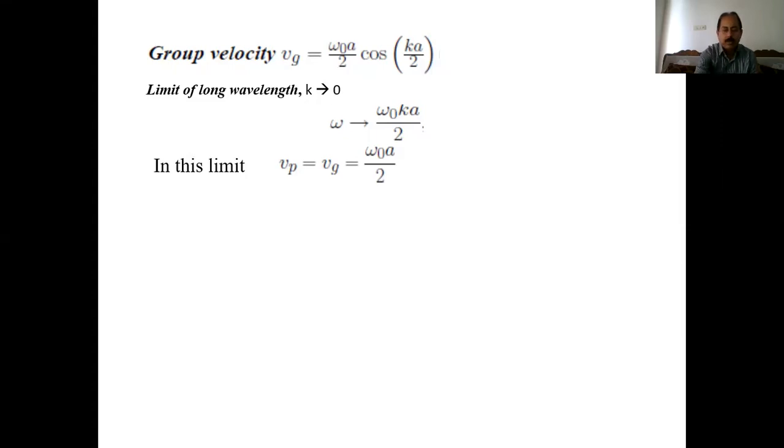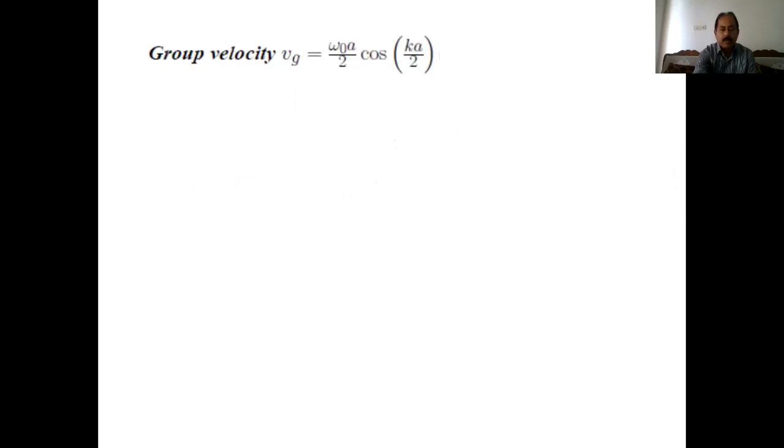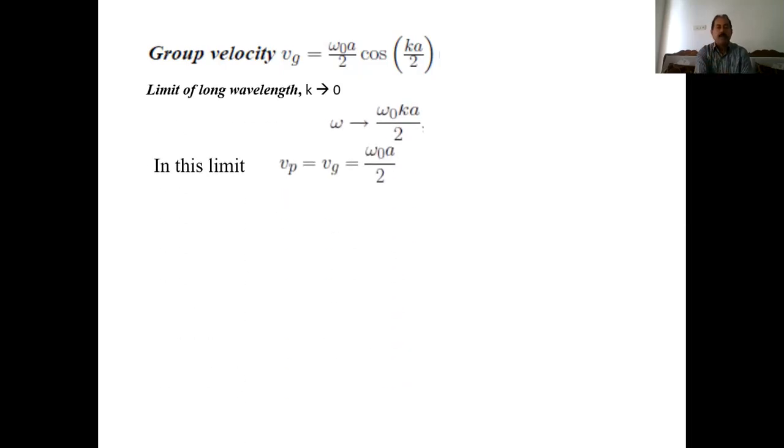What about phase velocity? You can see the expression of phase velocity is also ω0 a/2. So this is the expression for group velocity and phase velocity in the limiting condition when lambda is very high, the wavelength is very big, meaning k is almost 0.